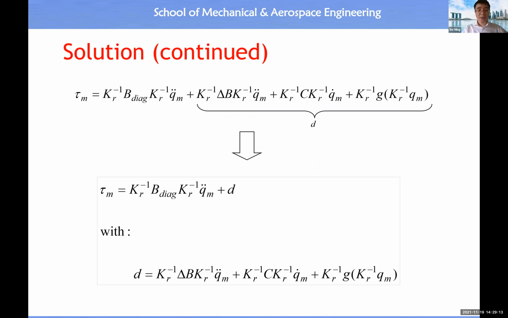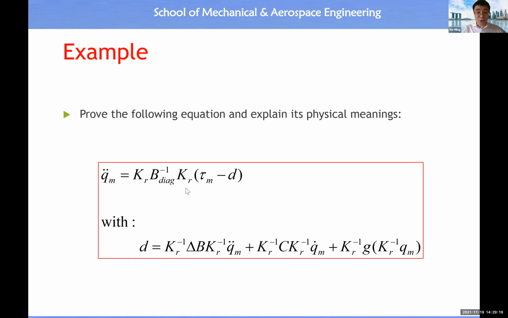So then from this equation, we want you to prove this one. This is just for you to know that the acceleration is proportional to input energy. So if you have an input, which is tau, then the output will be acceleration. This is for you to later draw the flow of the signal in the frequency domain.